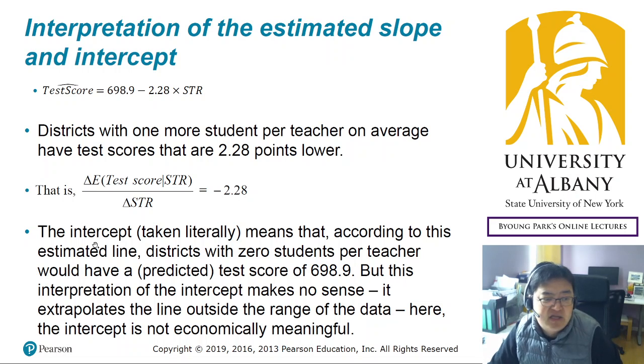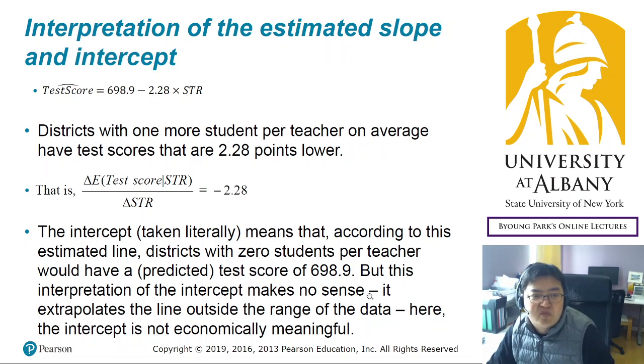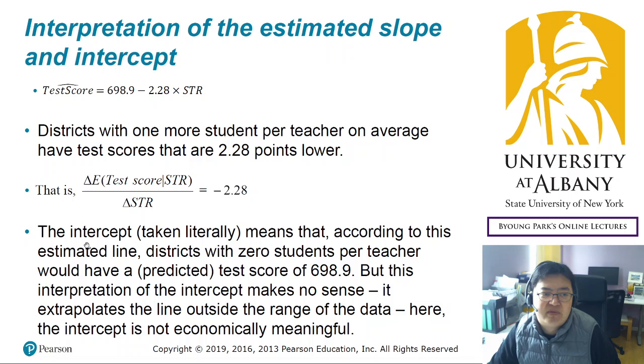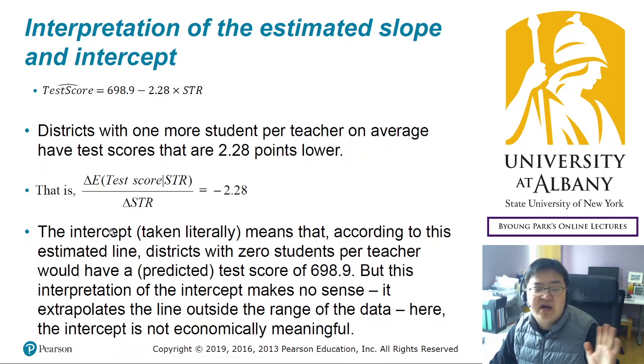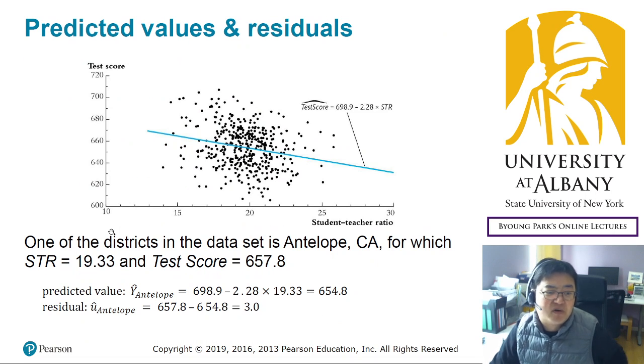And the intercept has no meaning by itself, but it's important for estimation, for prediction. So intercept itself is not meaningful, but still we need to know that to predict the result.